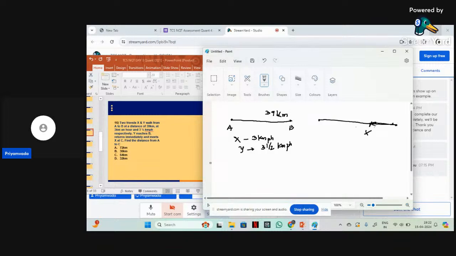So if you consider this distance to be x, this distance will be how much, ma'am? 39 minus x. So the distance covered by X is x. What is the distance covered by Y? He traveled 39 kilometers and then back again 39 minus x. So this is the distance traveled by Y.